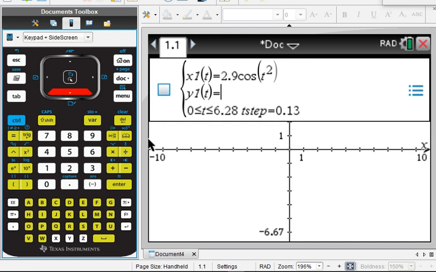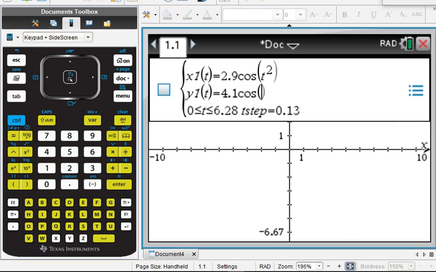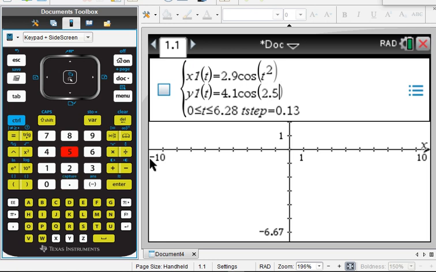And y1 is 4.1 cosine of 2.5t. And again, just change this here. We're just looking from 0 to 3 seconds.